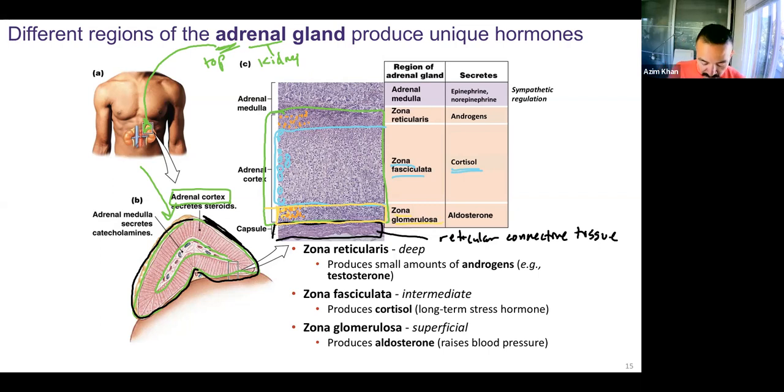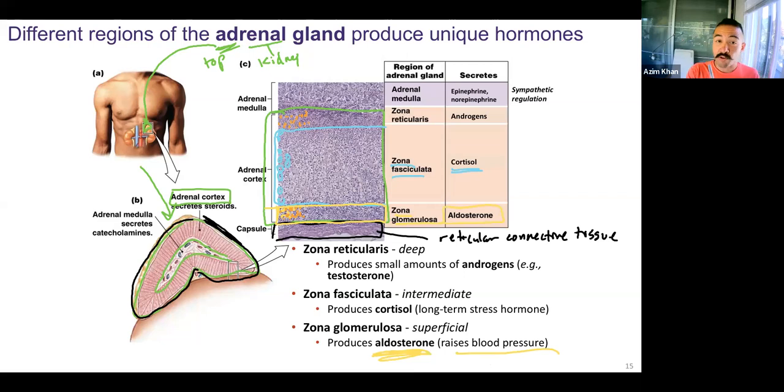The word glomerulus means ball-shaped. I guess when you look at it closer, you see some ball shapes. But zona glomerulosa produces a different hormone called aldosterone. And aldosterone is a hormone that raises blood pressure.